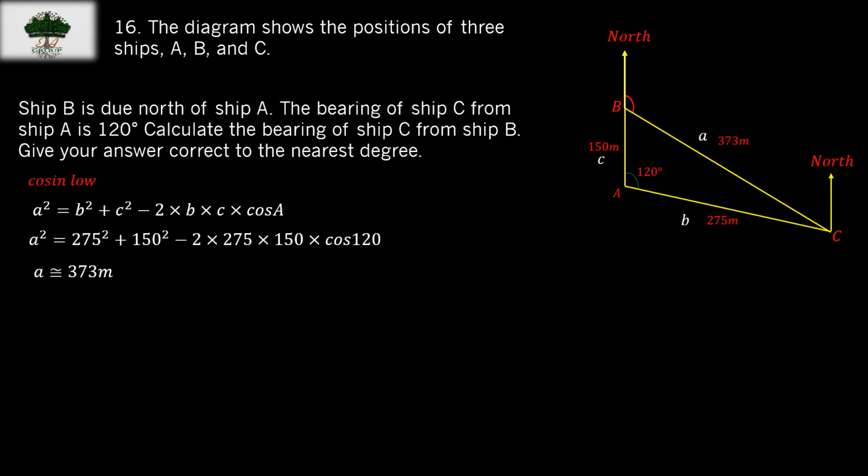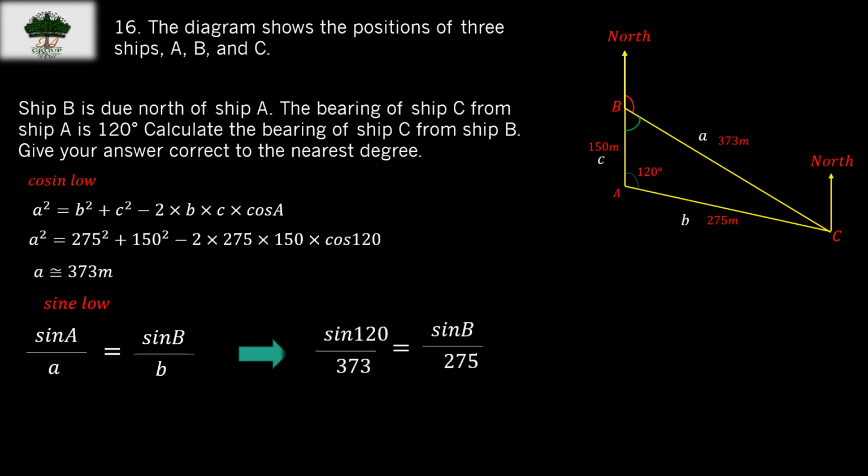Now, after that, we will find the measure of angle B, which is this angle. So we will use the sine law to find the measure of this angle. Now, we know the sine law is sine A divided by the opposite side A equals sine B divided by the opposite side B equals sine C divided by the opposite side C. But here no need to use sine C over C. We need two fractions here to calculate it for B, and we know that angle C is not given.